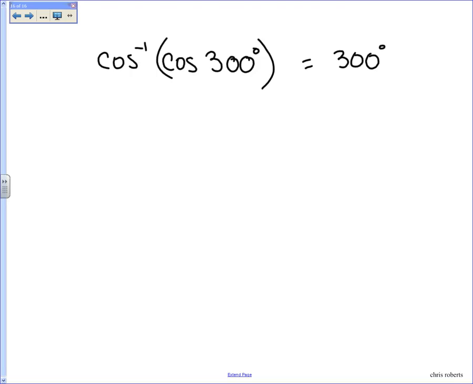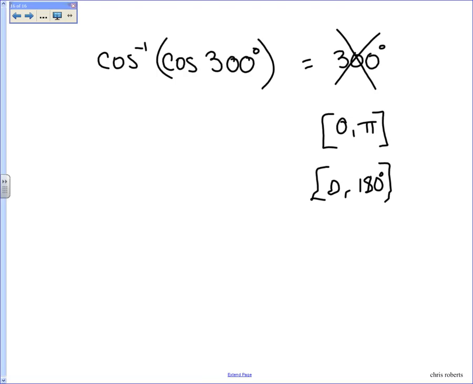But we know that the acceptable range of outputs for the inverse cosine function has to be between 0 and pi. If we translate that into degrees, we're looking at answers between 0 and 180 degrees. So the problem that we run into is 300 is not in that acceptable range of outputs from 0 to 180 degrees, so we have to reevaluate this problem.